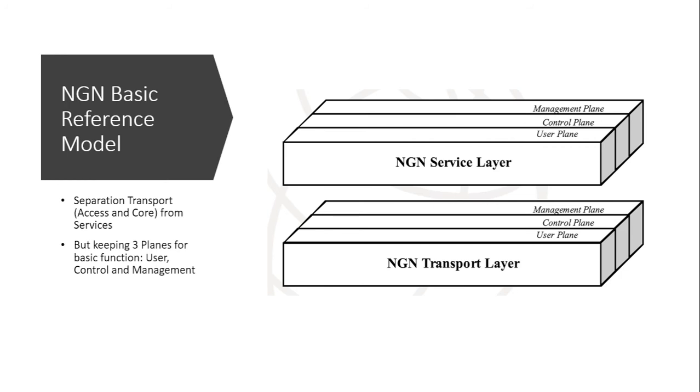As you can see, there is a separation between the service layer and the transport layer. We can perceive the service layer as the Gojek app and the transport layer as the internet service provider. So for the NGN service layer, the user plane is basically like the application, the Gojek application.